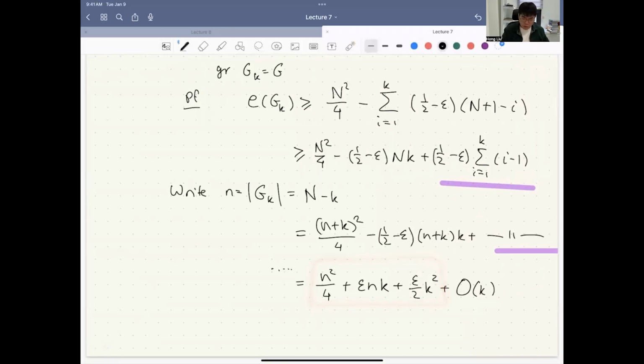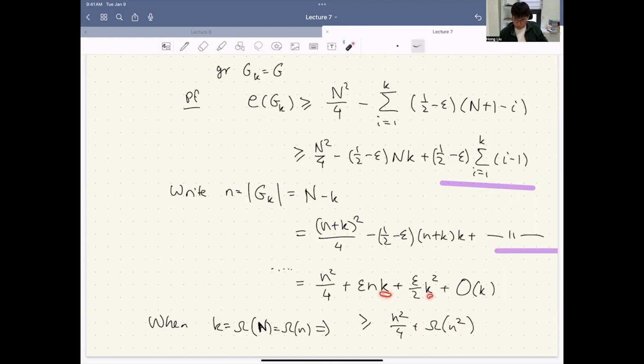Okay, so when K is linear in N, which is linear in little n as well, what do we get? We get that this number is at least n squared over 4 plus little o of n squared.